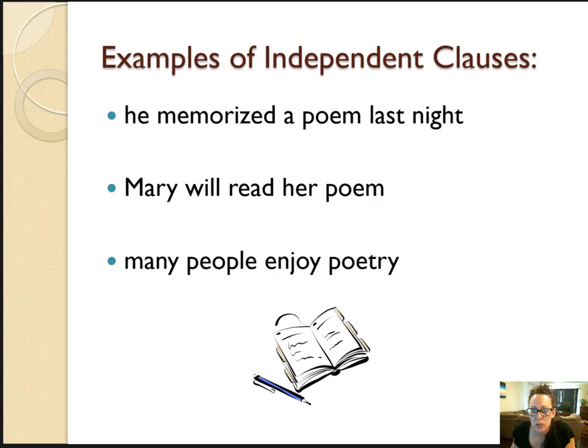He memorized a poem last night. So when I take a look at that, I can see my subject there is he, and then I can see my verb is memorized, and those two, subject and verb, agree with each other. And then I also can see some tense there in memorized. That's in past tense.